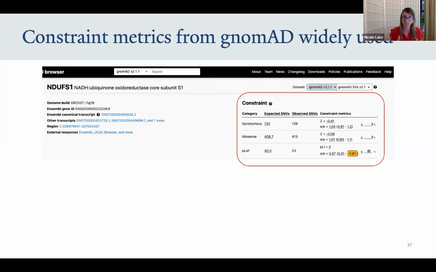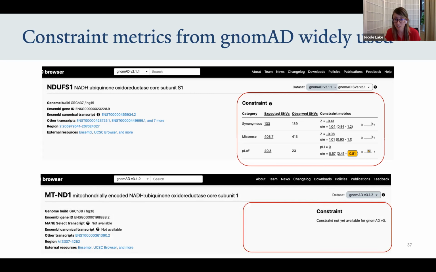So population data sets like gnomAD have been used to develop constraint metrics for the nuclear genome, and these have been widely used. And so the development of the mitochondrial population database really provided a great opportunity to go ahead and develop a framework for assessing mitochondrial constraint, because the nuclear framework couldn't be applied because of all of its unique features.